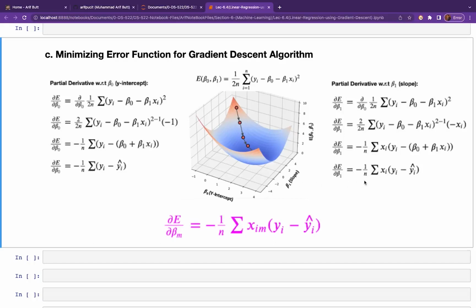And in case of partial derivative with respect to beta 1, we have multiplied all the residual errors with xi, which is actually the input feature column related to beta 1. Well, in magenta color over here, I have written a generic expression for partial derivative of error function with respect to regression coefficients, beta m. And you see, we are multiplying all the residual errors with xi's of the mth column or feature related to beta m. I hope this makes sense.